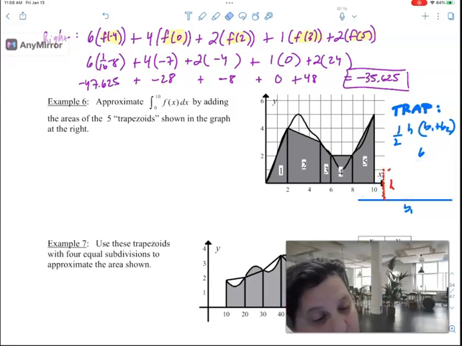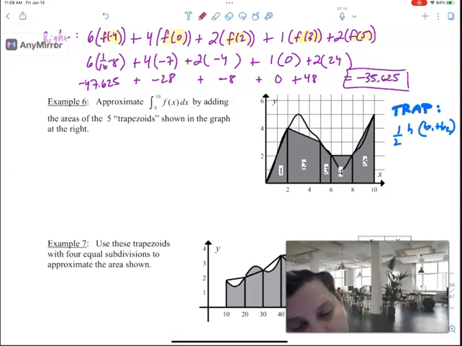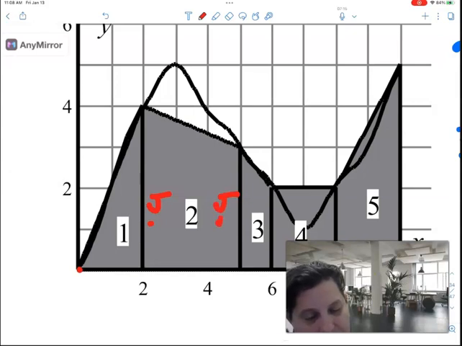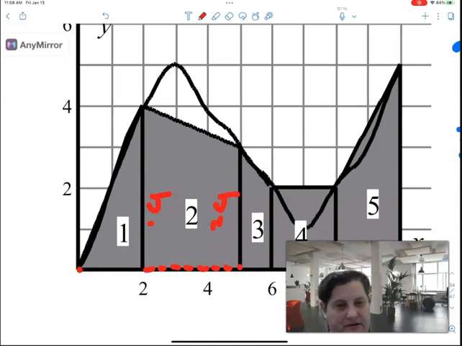Now, these are sideways trapezoids, all right? And so it's like, let me look at number 2. Number 1's weird because it's just a triangle. Look at number 2 real quick. That's a base, that's a base, that's the height. Does that make sense? So think of it, these are B's. Think of it as a trapezoid on its side, okay?